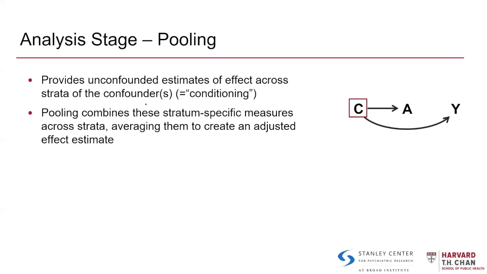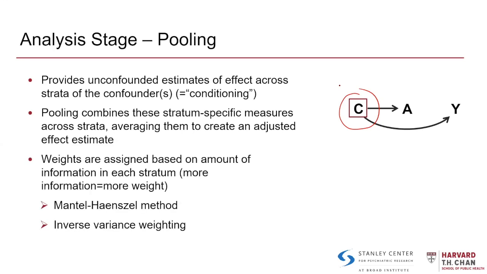So we're trying to provide the association between the exposure and the outcome according to different strata of the confounder. So this is conditioning. Essentially, we're doing conditioning. Pooling combines the stratum-specific measures across strata, averaging them to create an adjusted estimate. And we'll talk about this in an example, and it will become clearer.